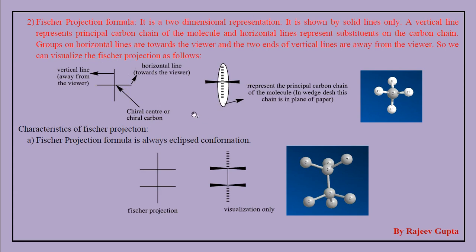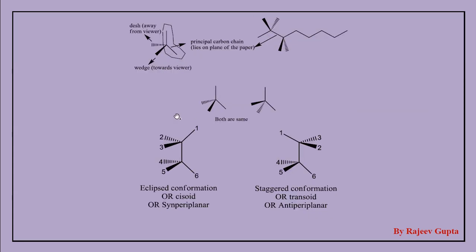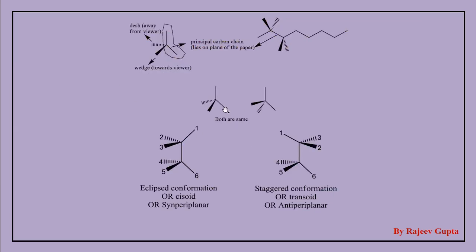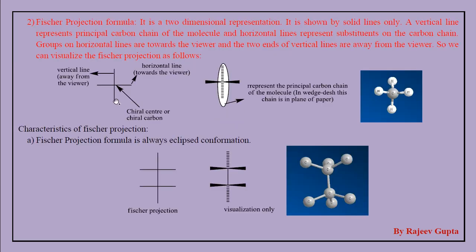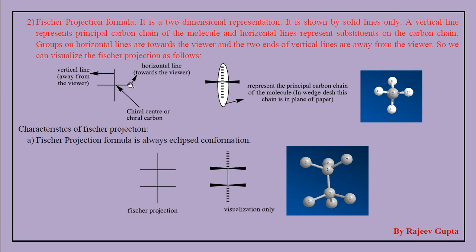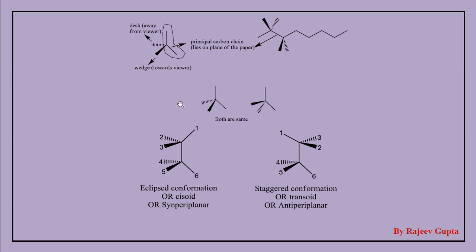Now compare this projection with the wedge-dash representation. See, this is the principal carbon chain; this portion is this here, this wedge portion in wedge-dash is this in the Fischer projection, and this other wedge portion is this in the Fischer projection.